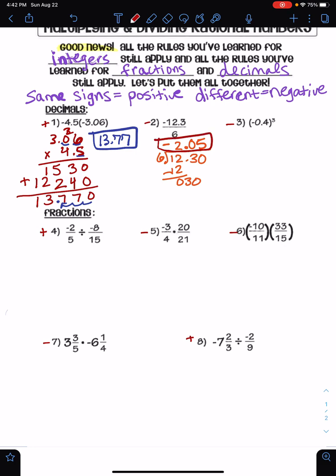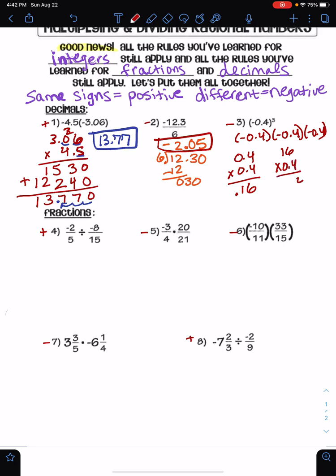For this next one, I'm going to have negative 0.4 times itself 3 times. So the first time, 0.4 times 0.4, we get 16, and we put that decimal 2 places over. I'm going to take that 16 times the third 0.4. 6 times 4 is 24. 4 times 1 plus 2 is 6.